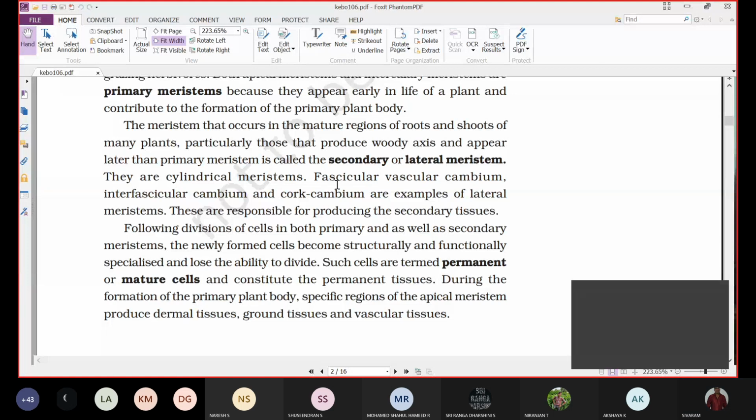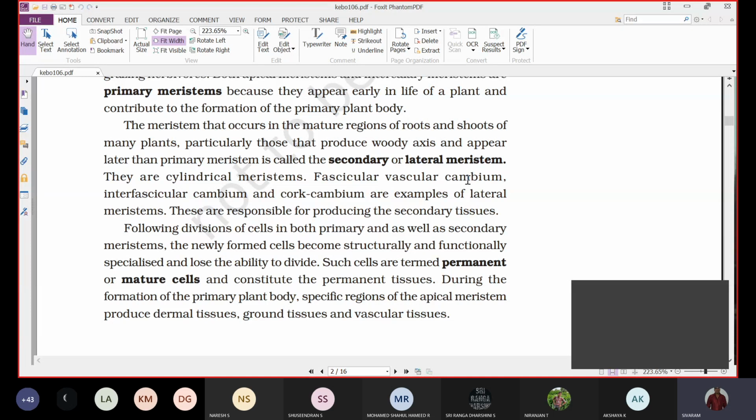For example, fascicular vascular cambium. Fascicular vascular cambium means the cambium which is present between the vascular bundles, that is xylem and phloem, that is vascular tissues.